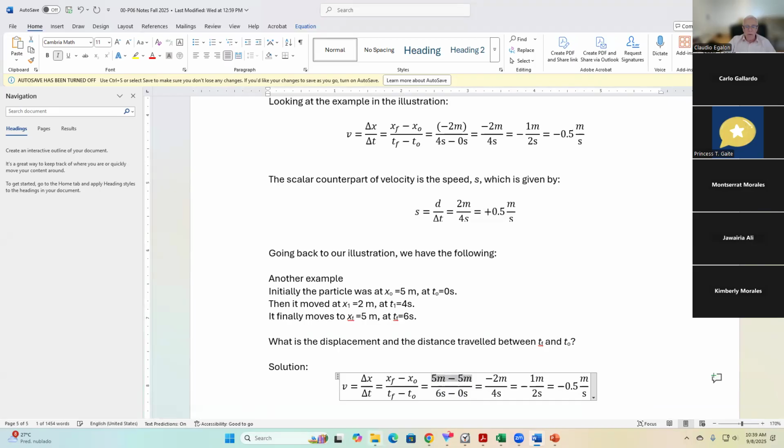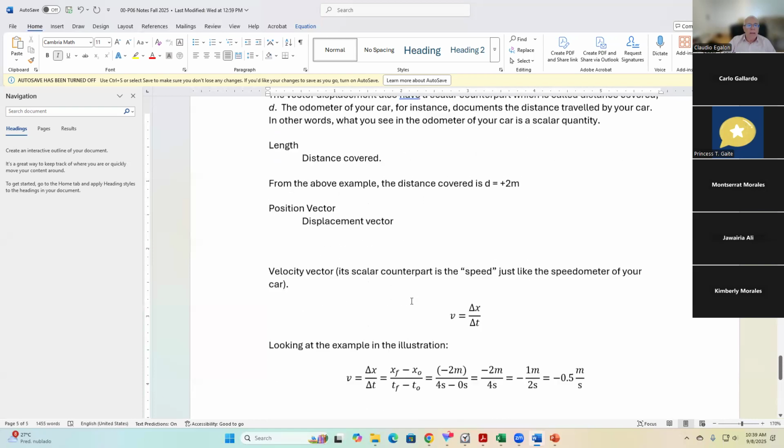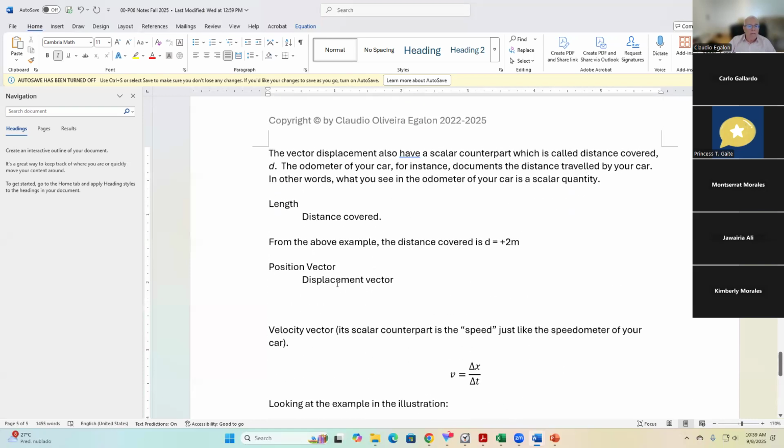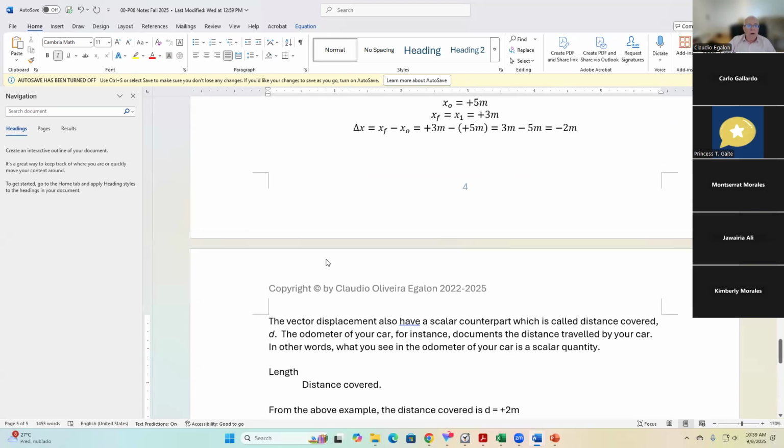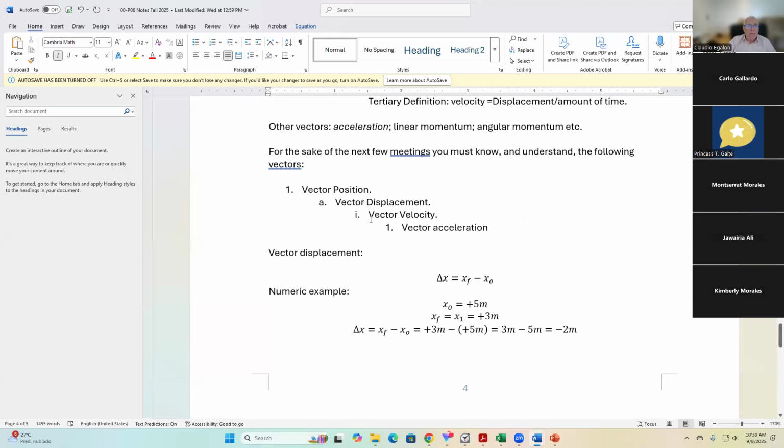And that's what's going to be the average velocity. We call it the average velocity, okay? I should have told you that. Displacement vector, position vector, vector average velocity. That's a better definition. Average velocity.